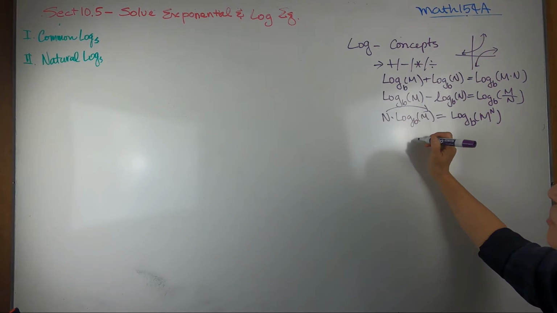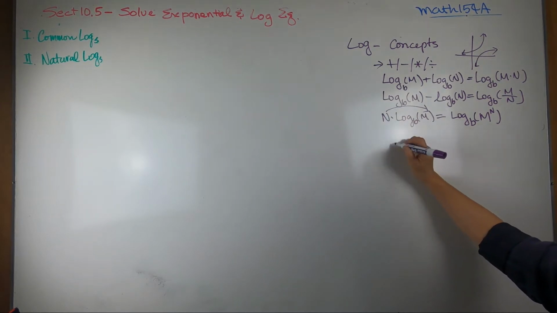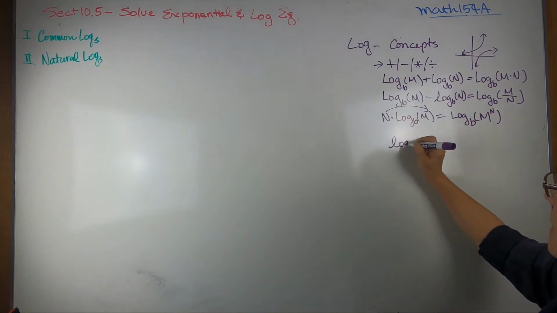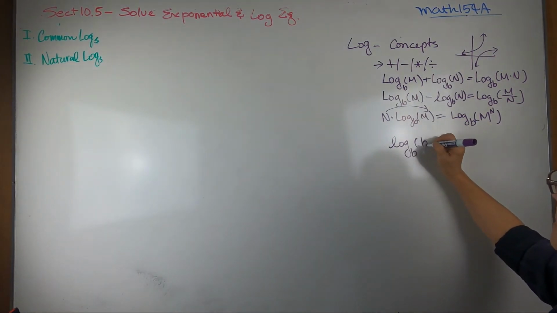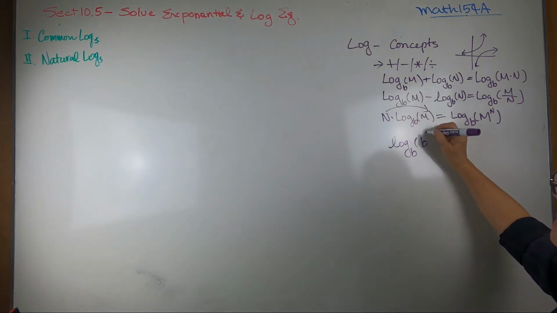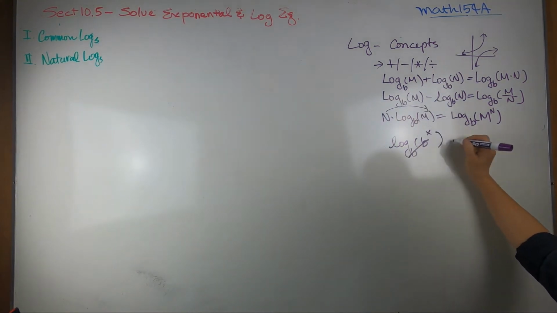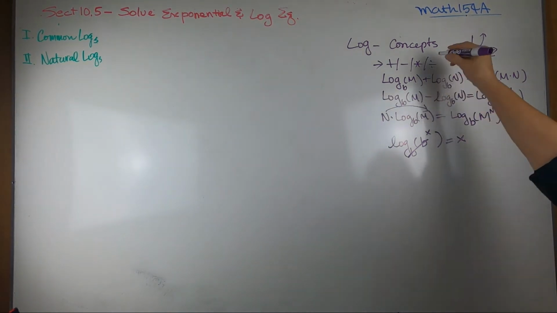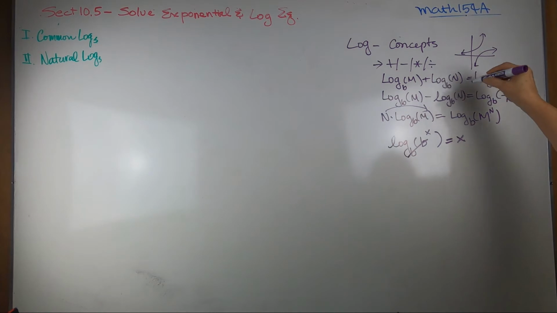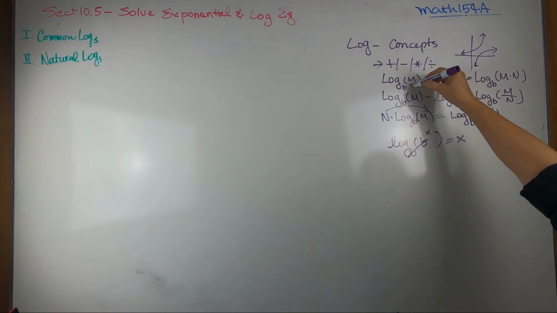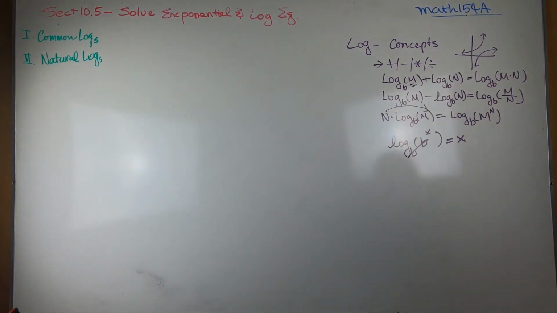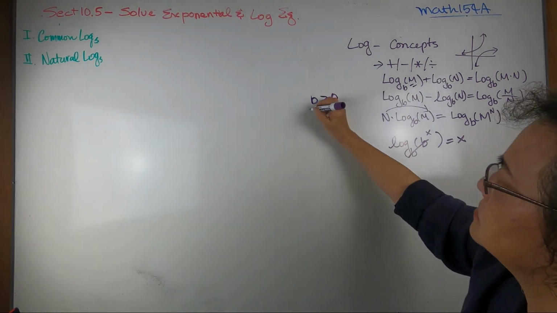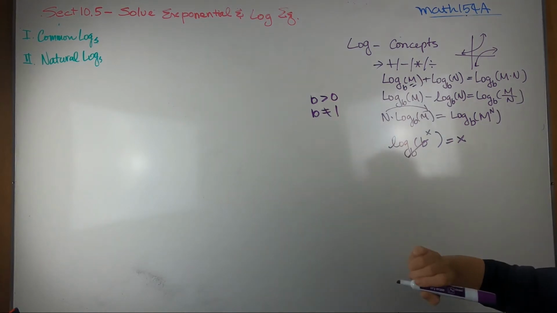Also, we have the inverse operation. If we have log base b to some power, you can just kind of ignore those. Of course, the base and the content inside have restrictions. The base is bigger than 0, and we don't use 1.